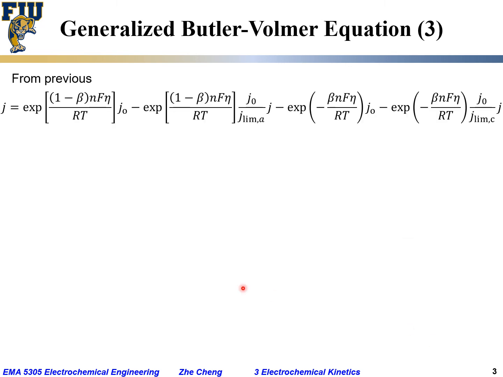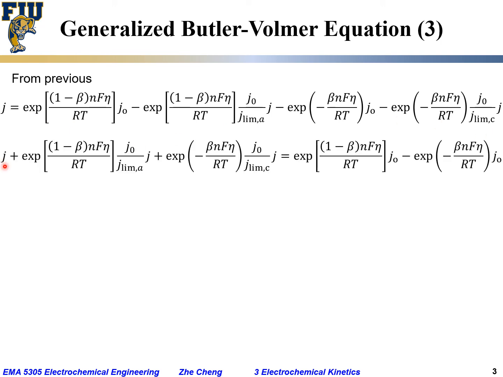From the previous page, we have this relationship. Now let's do one more manipulation. Let's put all the terms with J, the net current density, to the left. So the J term, the second term on the right and the fourth term on the right, we are going to move to the left, next to the first term on the left of the equation, and this would be what we have.